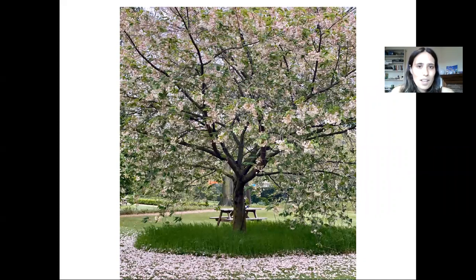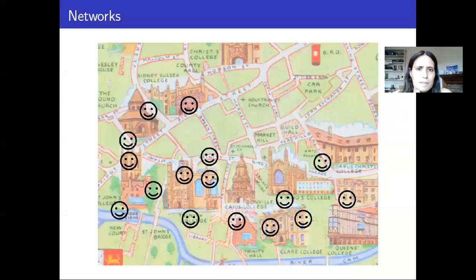But I guess I'm supposed to be talking to you about my research. So imagine a social network, for example, the people who live in Cambridge. Each person, so this is me, the smiley face at Sidney Sussex, and each person in Cambridge has some set of people who they know.